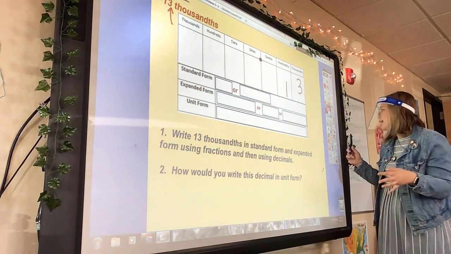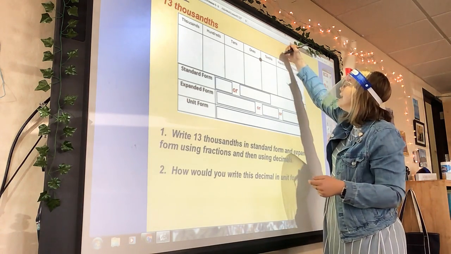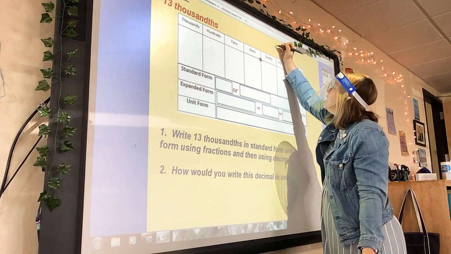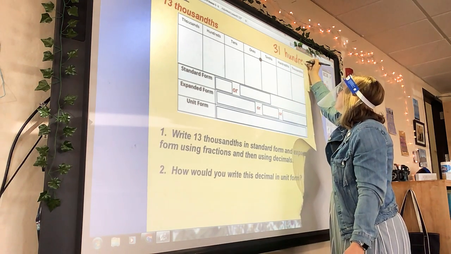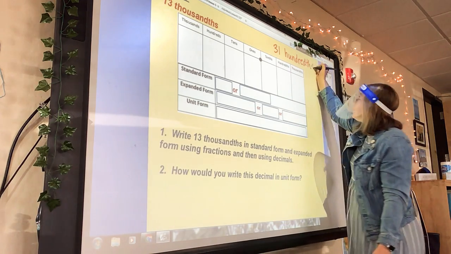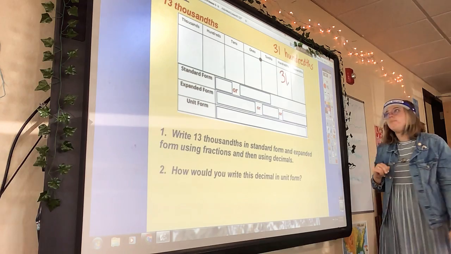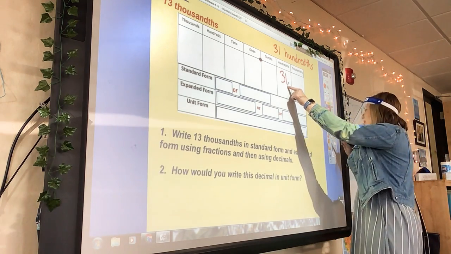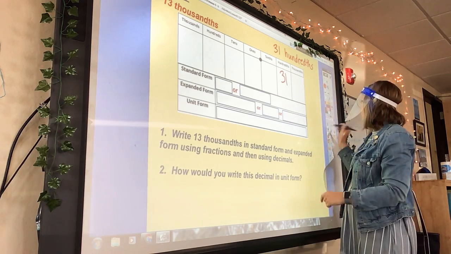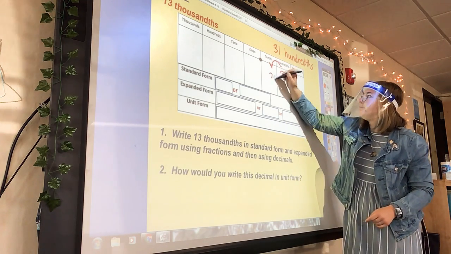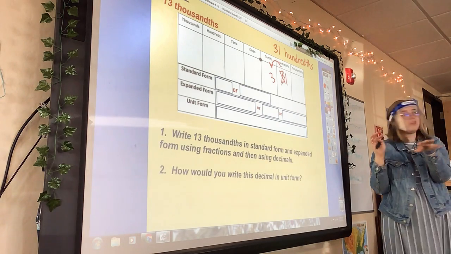So if I had, for example, instead of 13 thousandths, 31 hundredths, I would maybe start by putting 31 in there, but the 1 is going to stay, and where's the 3 going to go? What place value? The tenths, okay? So then it's still 31 hundredths, but that 3 shifts over, okay?